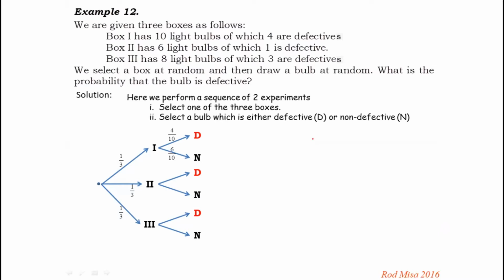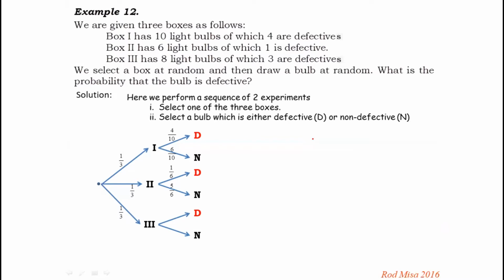Also, the probability of selecting a defective light bulb from the second box is 1/6, since the second box has 6 light bulbs of which 1 is defective. Therefore, we have a probability of 5/6 of selecting a non-defective light bulb from the second box.